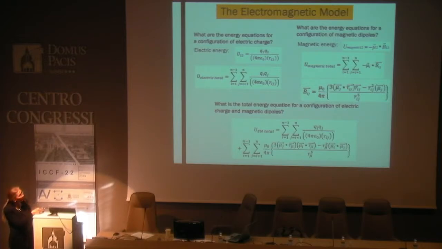As you can see, there are vectors here and vectors here. The B field, because it's a complicated equation, again involves vectors. So this is the equation for a B field at point I coming from the dipole of point J. If I add these two equations together, I get this one, and that is the total electromagnetic energy for a collection of charges and a collection of magnetic dipoles.